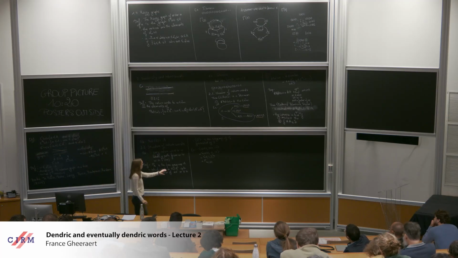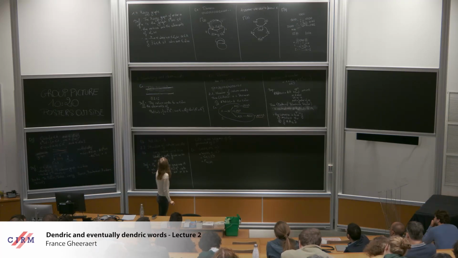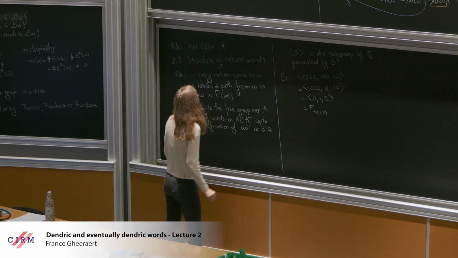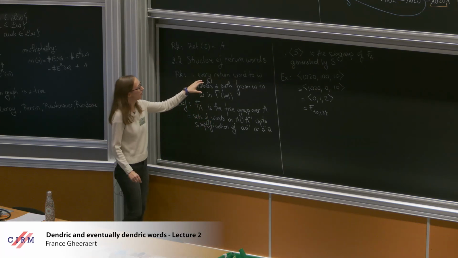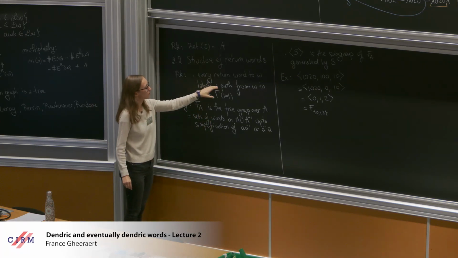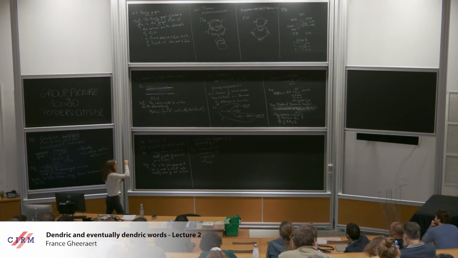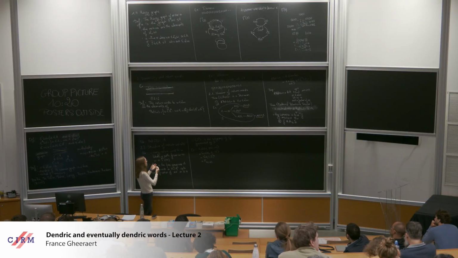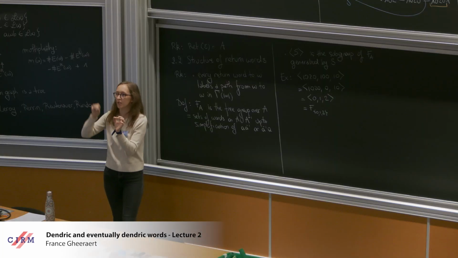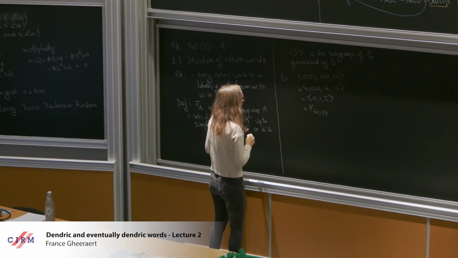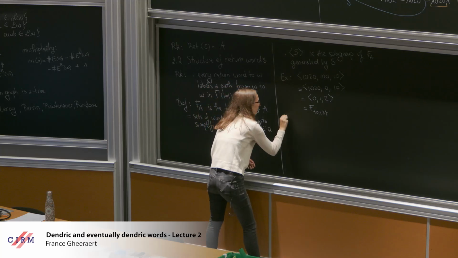So this is the kind of thing I want to look at. Clearly, as every return word labels a path from W to W, the group generated by return words is included in the group generated by all the labels of the paths from W to W. So I will give a name to that group.